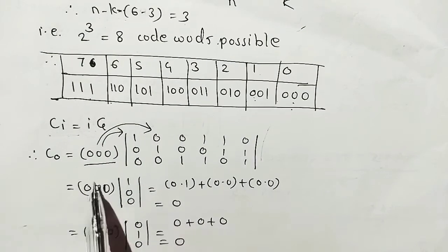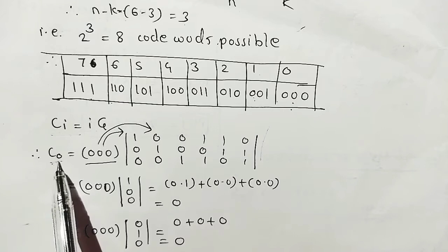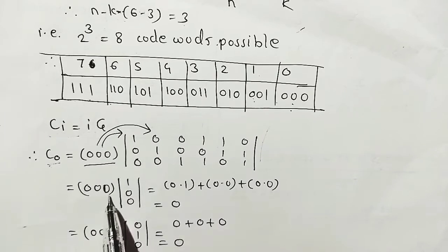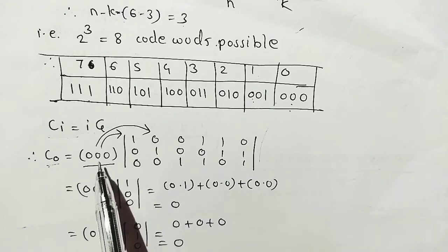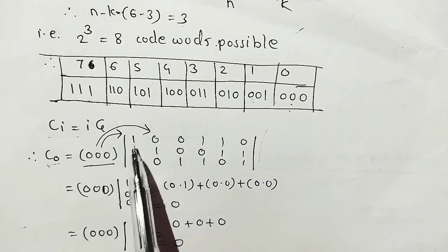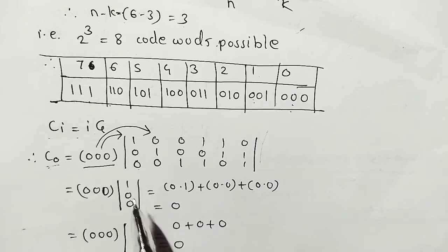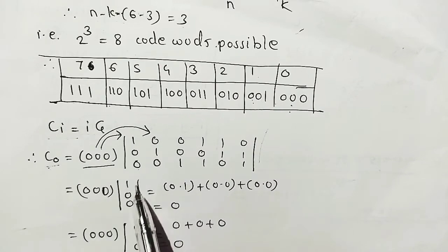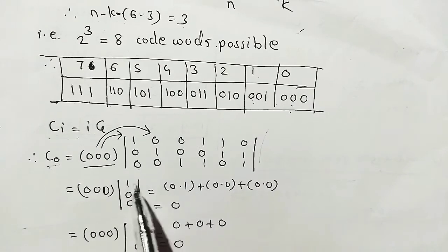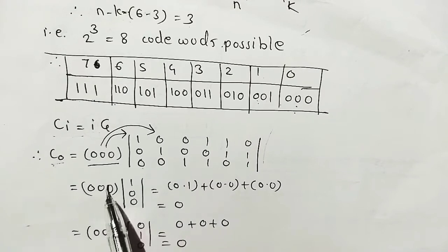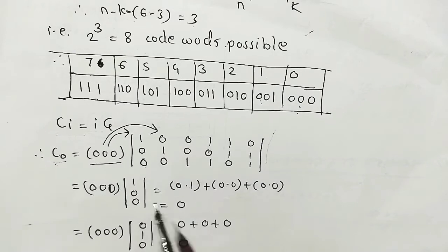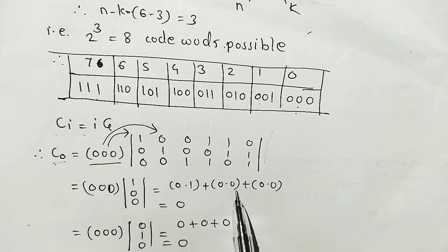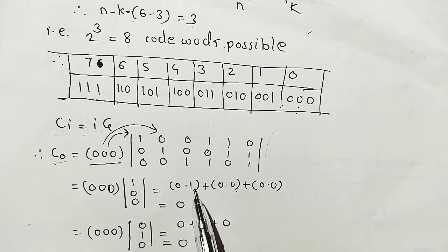Now, how to find the code word for this C0? Here are our binary digits for 0. Just multiply these binary digits with the first column: 0 into 1 plus 0 into 0 plus 0 into 0. Now take the sum of these three multiplications. 0 into 1 is 0, so the sum is 0.